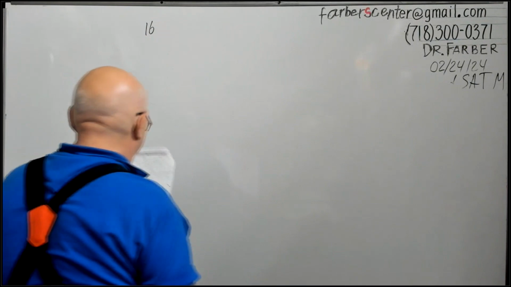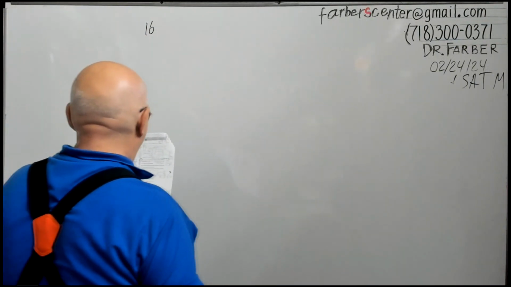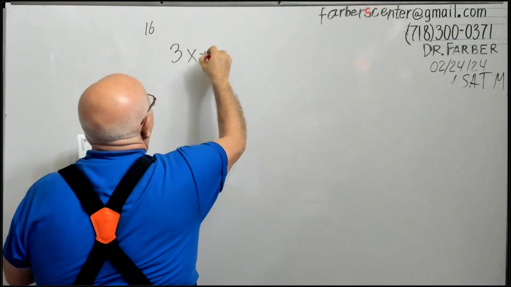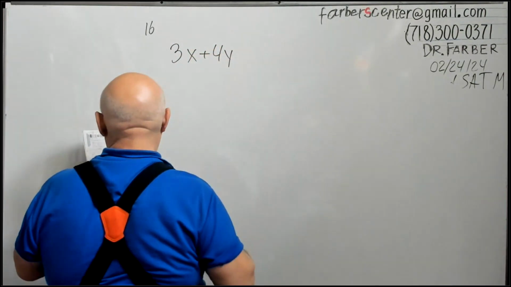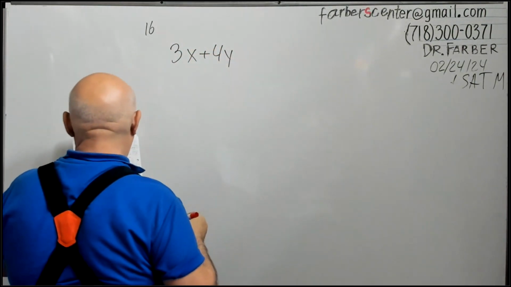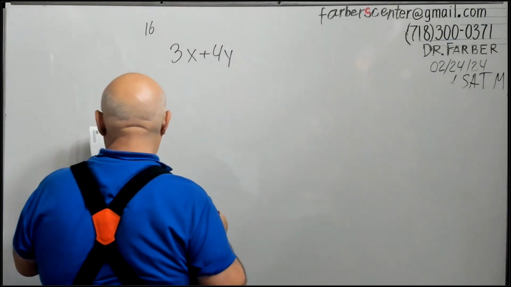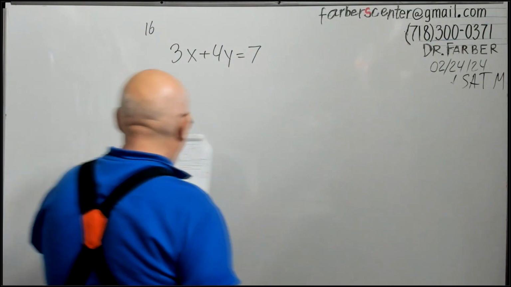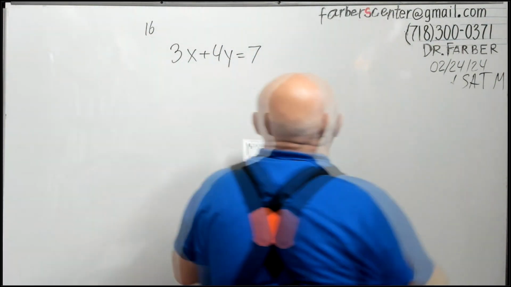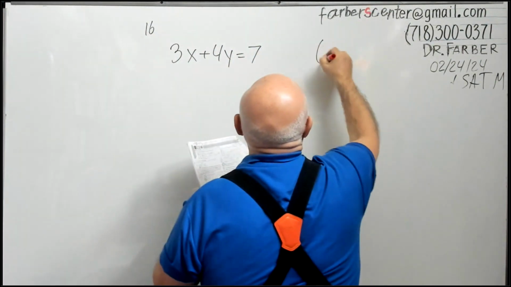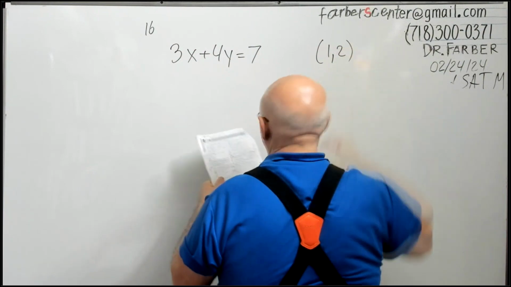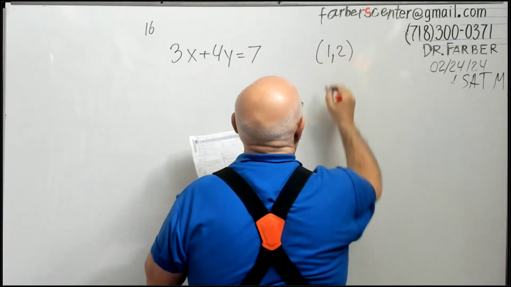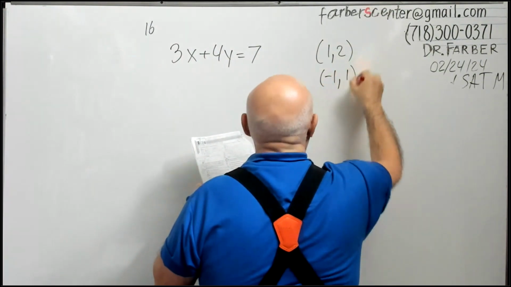In 16, we have 3x plus 4y equals 7. And they give you points. The first point is 1, 2. And the second point is negative 1, 1.